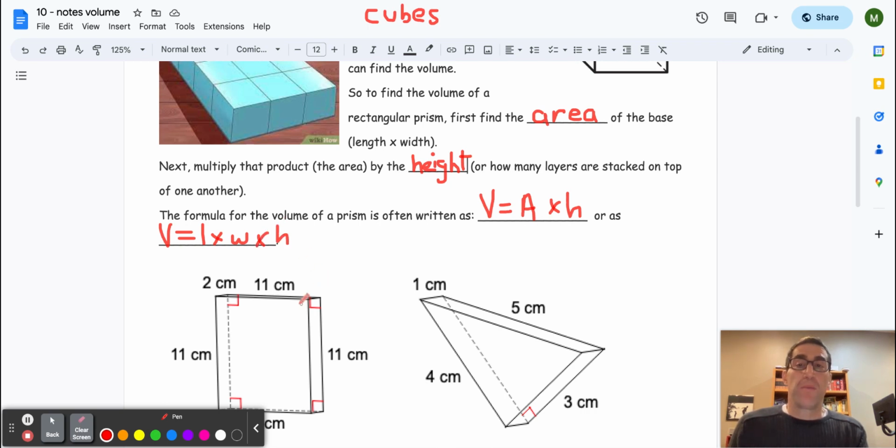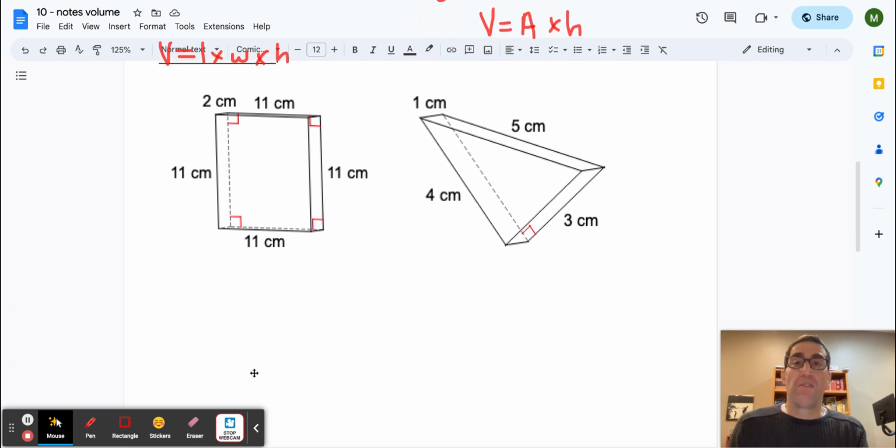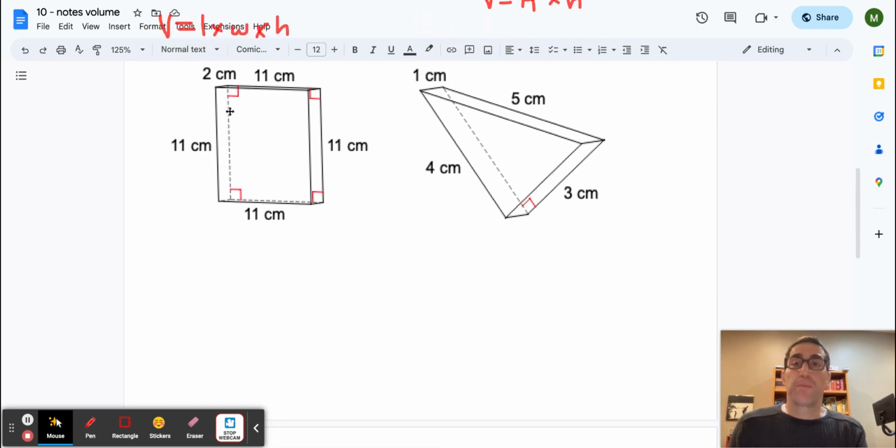And typically, as you're about to see in this problem below, we are going to have problems where I've got lots of numbers that I have to make sense of. I write my formula, which is what you should always do. In this case, I'm going to write length times width times height.